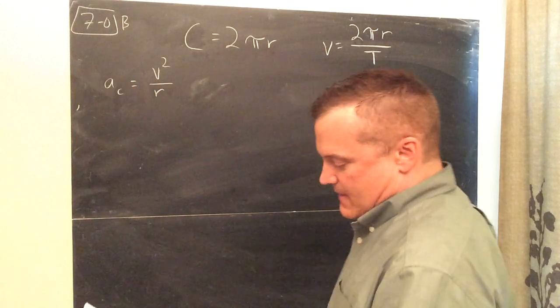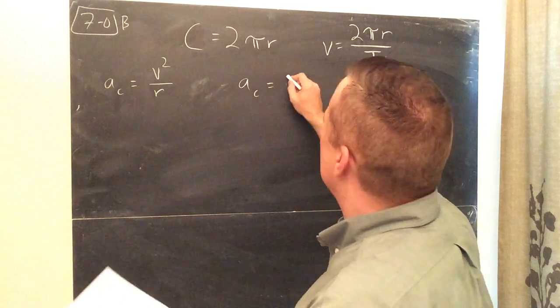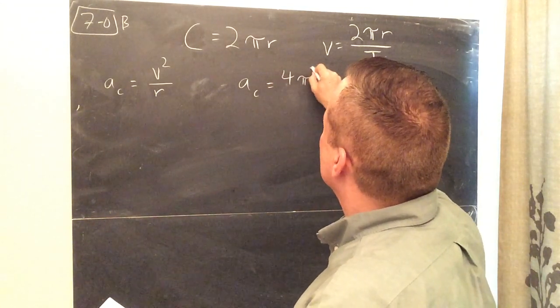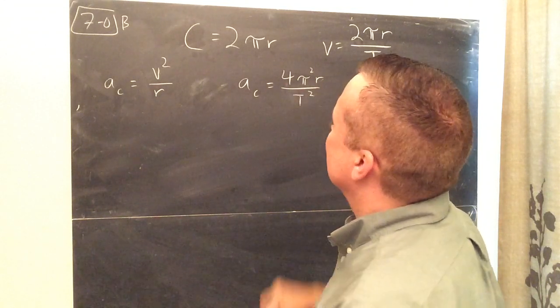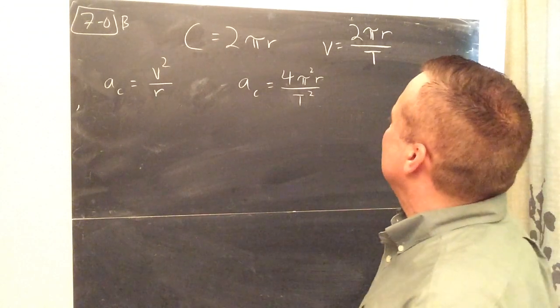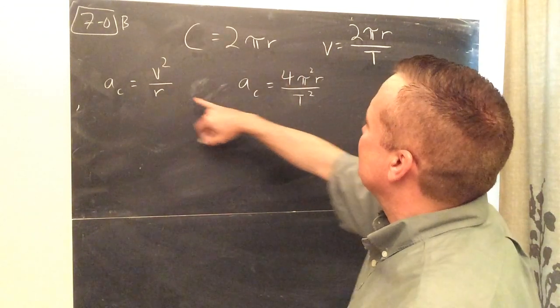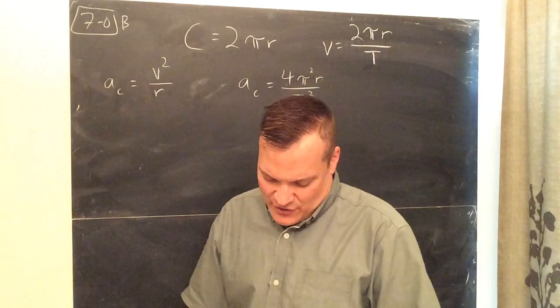Don't worry. And then there's another one. You can also find acceleration by 4 pi squared r divided by the period squared. You could figure that out by substituting this stuff in here, and you'd end up getting that. All right, there are the equations.